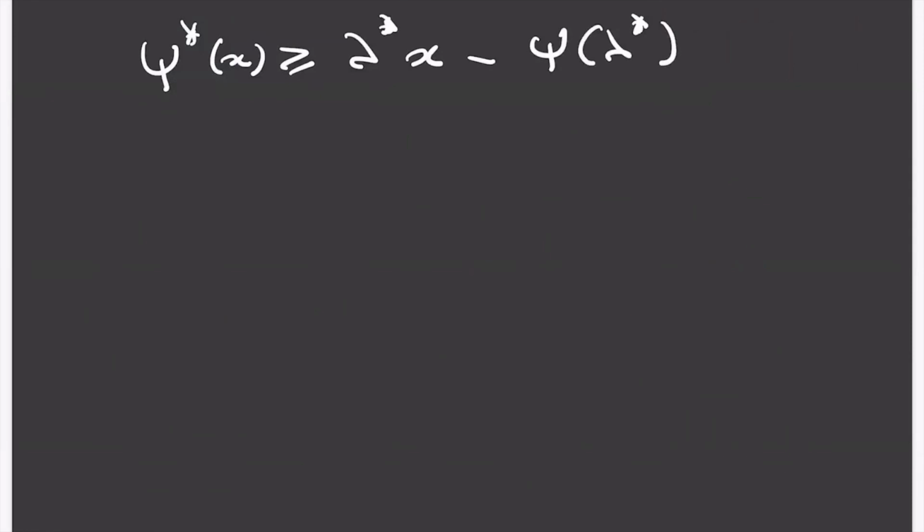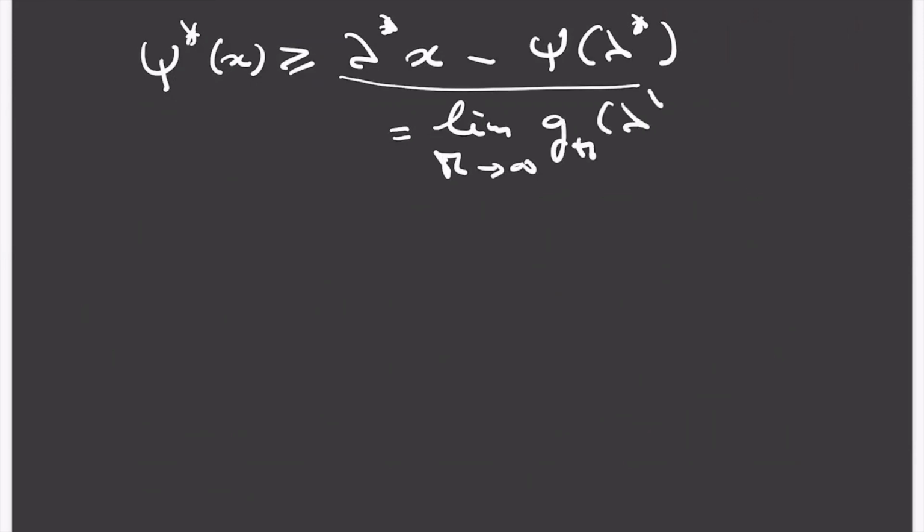And this value here is for sure, by definition of lambda star, the limit as m goes to infinity of Jm of lambda star, which is larger than alpha by definition of lambda star.